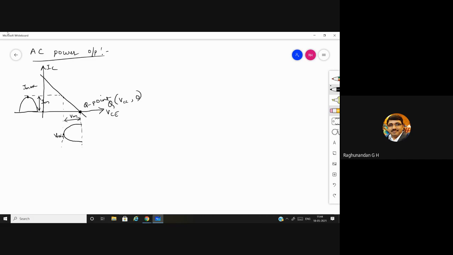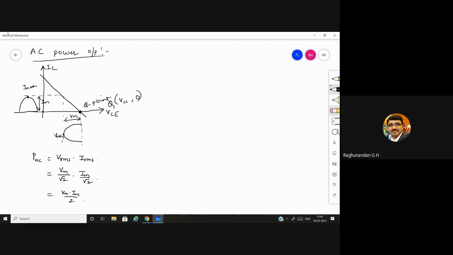So how can we give AC power? PAC is equal to, what is the formula? VRMS into IRMS. What is the formula for VRMS? Vm by root 2. Vm by root 2, Im by root 2. That is equal to Vm Im by 2.